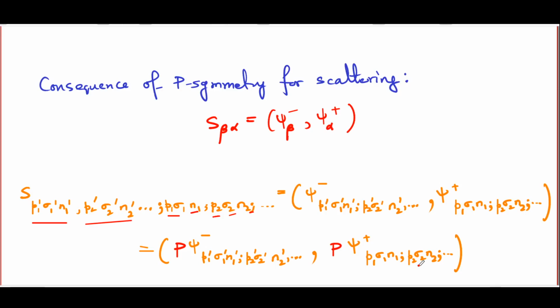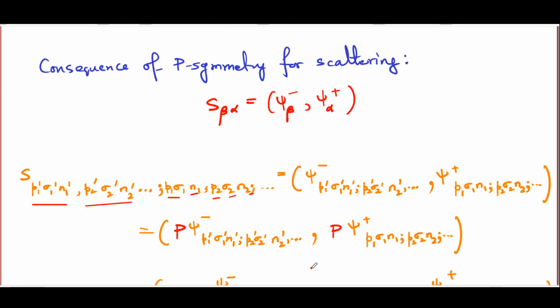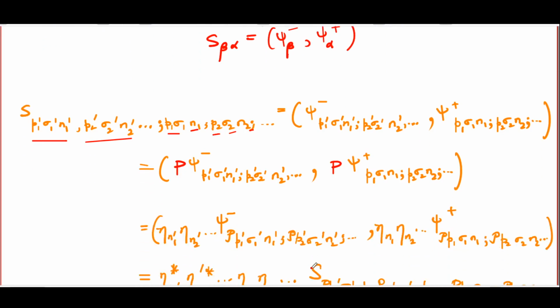That is nothing but the property of a unitary operator. But we do know what happens to these states when P acts on them. Remember, the same operator P acting on psi minus and psi plus, the out and the in states, produces the parity reversal effect. So what we have is the following.